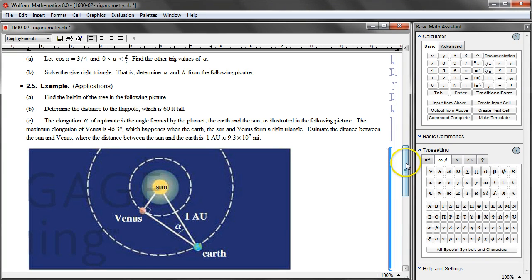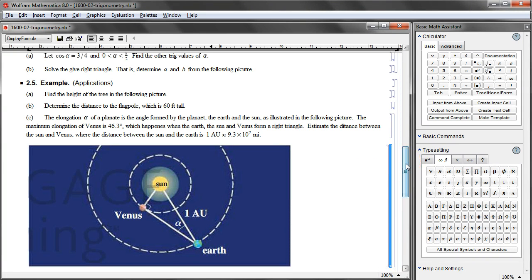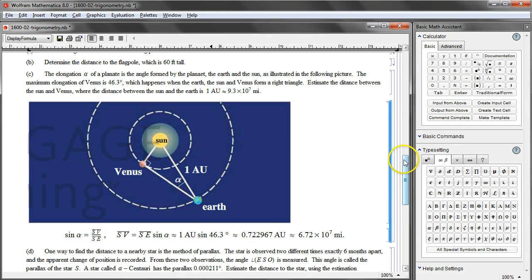Well, we have to use trigonometry, and please note that the hypotenuse is 1 AU, 1 astronomical unit, or 93 million miles. So what do we have? Hypotenuse and opposite, so we use the sine function.